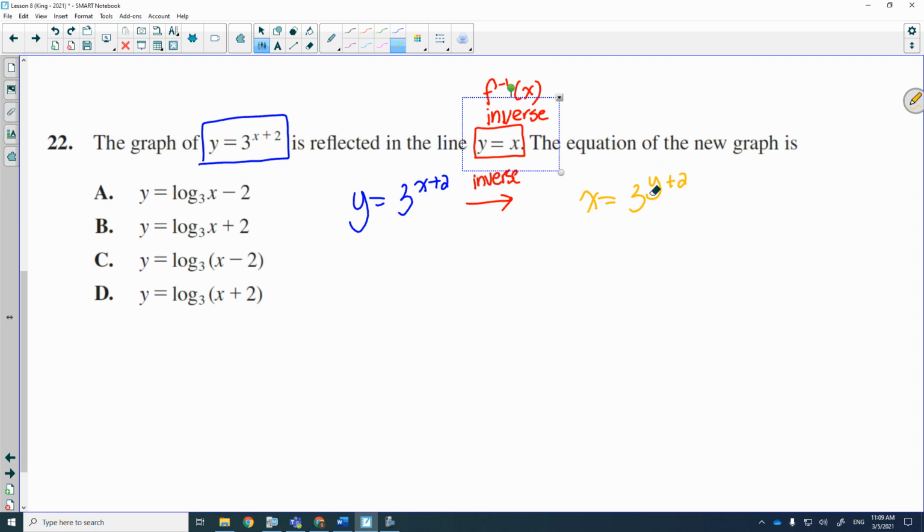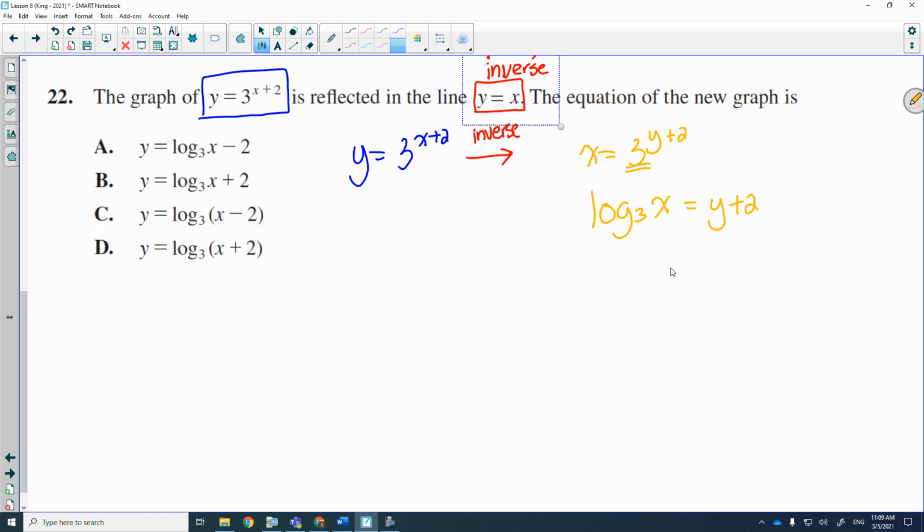If I said log, what would my base be? The base of your exponential graph is going to be the base of your log graph. The answer becomes my argument, and that is equal to y plus 2. From here, you subtract 2 from both sides, and you get y is equal to the log base 3 of x minus 2.